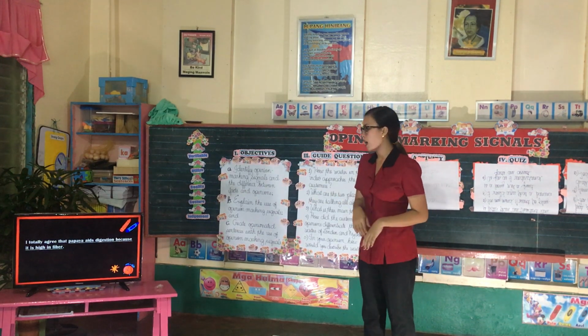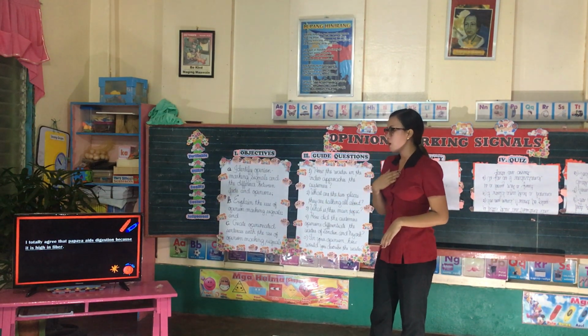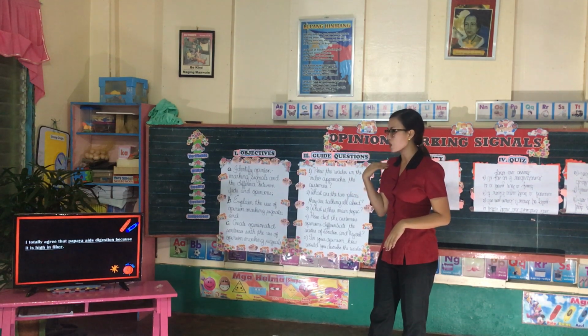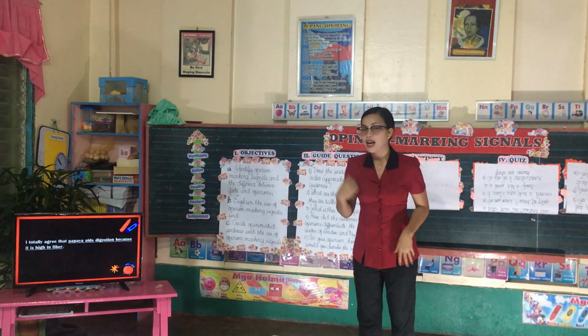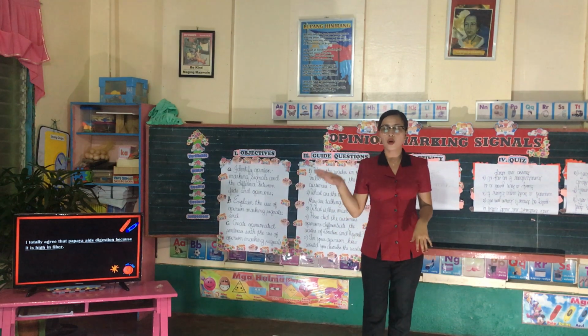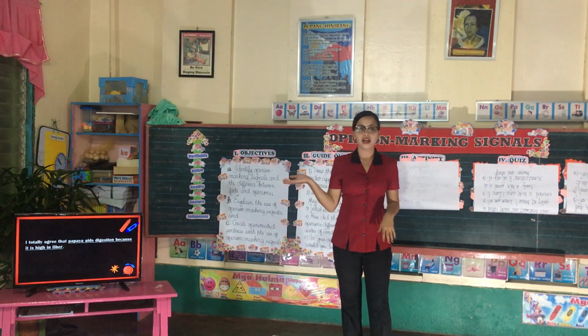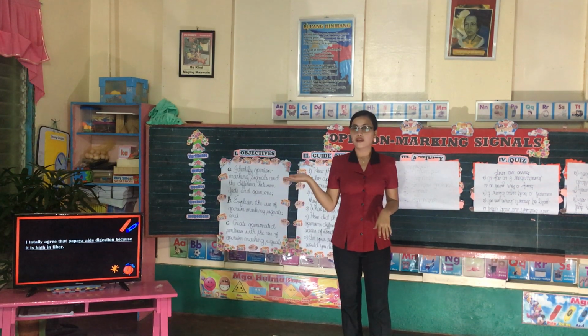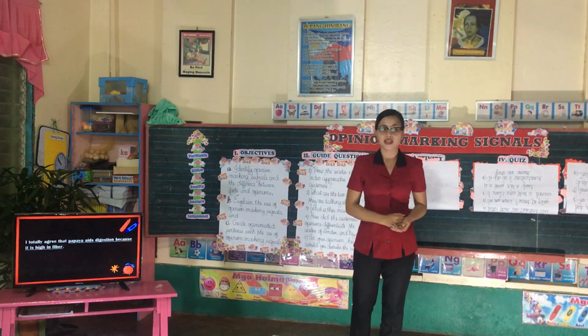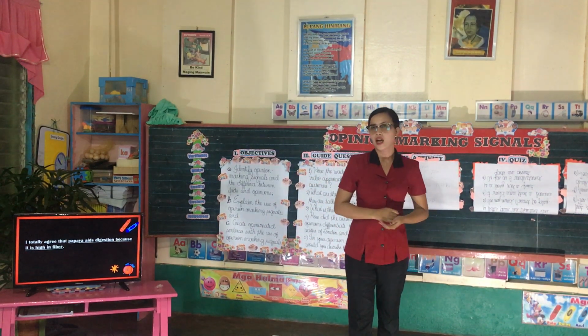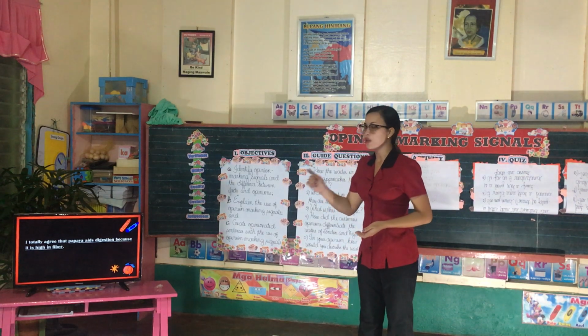This one: I totally agree that papaya aids digestion because it is high in fiber. The underlined clause here is a fact. It is based on fact, but the entire sentence is an opinion just because of the introductory words, which are I totally agree.